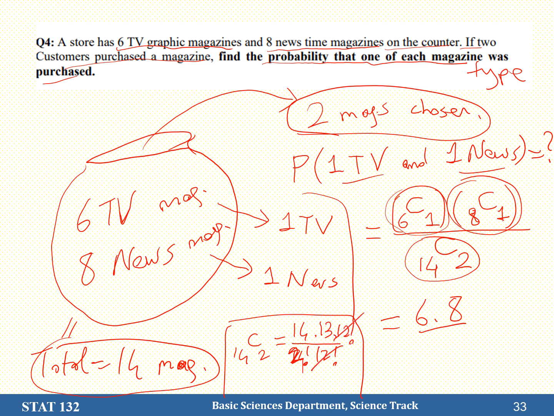They will cancel out, and the 2 here will cancel with the 14. It will be 7, so this has to be 7 times 13, which is 91. So in this case, the answer is 48 over 91. So this is the probability that one of each magazine type was purchased.